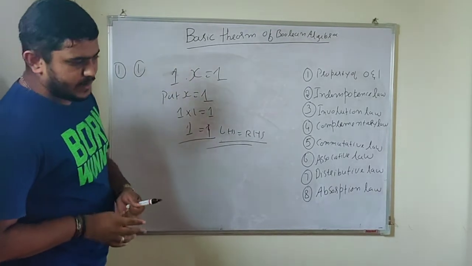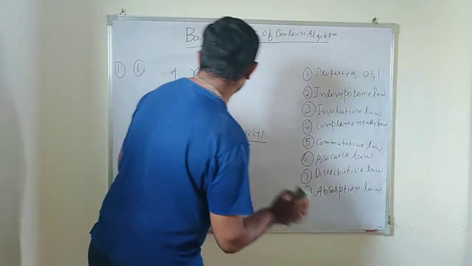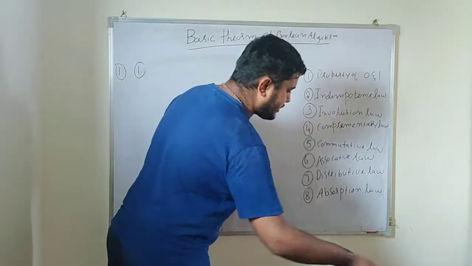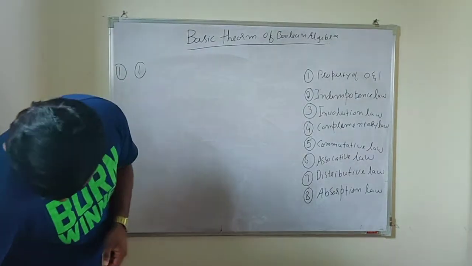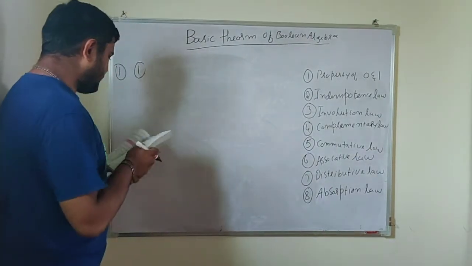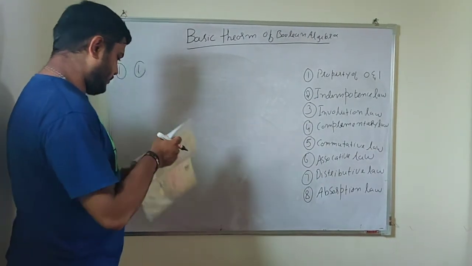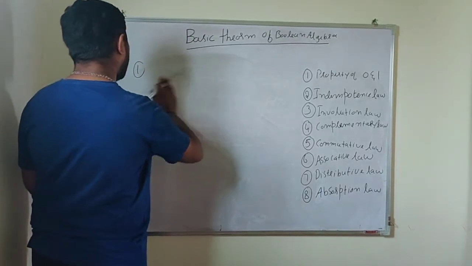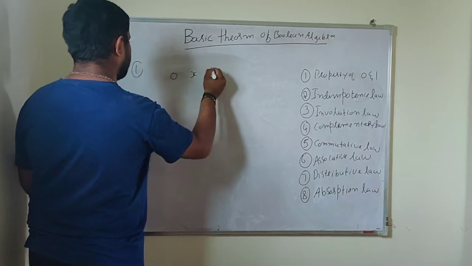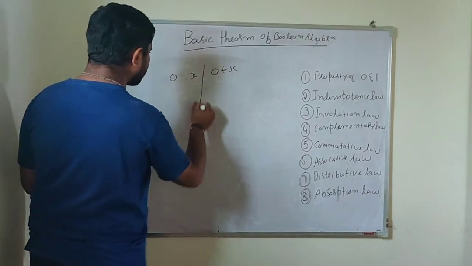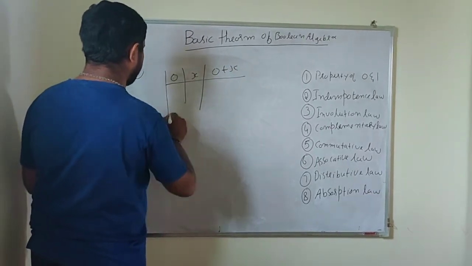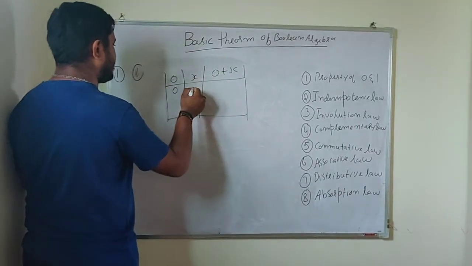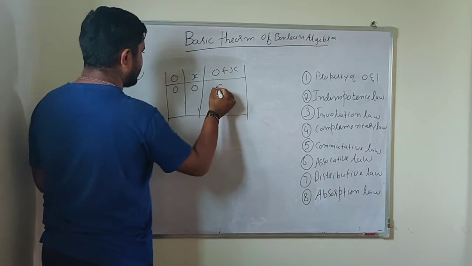Let us see how this acts using a truth table. Suppose x = 0 for 0 + x. Then 0 plus 0 is 0.